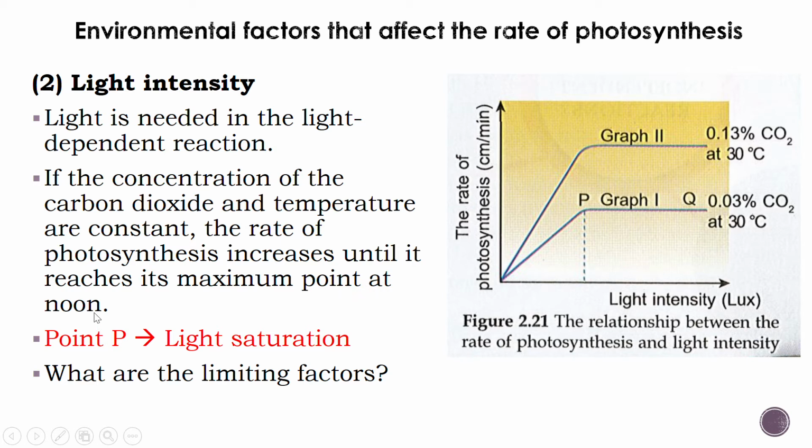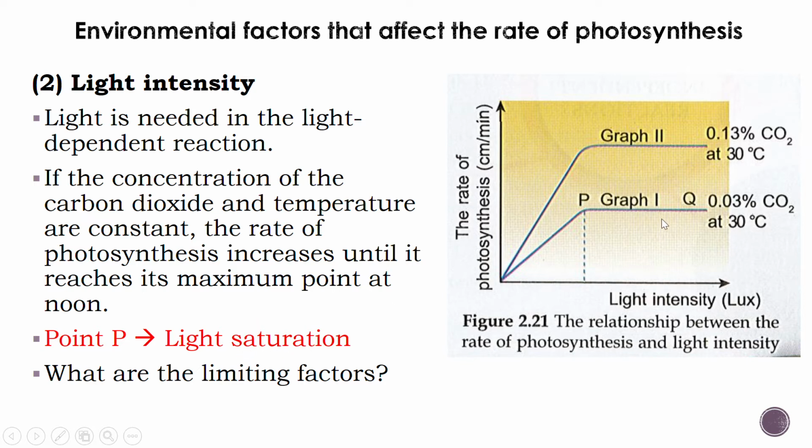Okay, at noon lah, maksudnya pada tengah hari di mana keamatan cahaya tu paling tinggi. Okay, dia sudah sampai maximum point lah. Point P iaitu kita cakap keamatan cahaya tu sudah paling tinggi ataupun paling tepu, saturated.